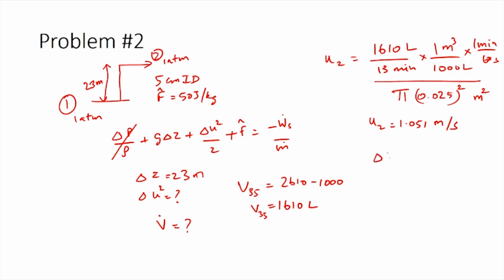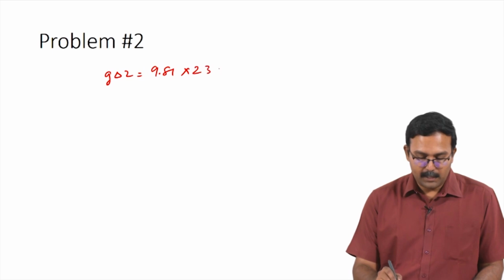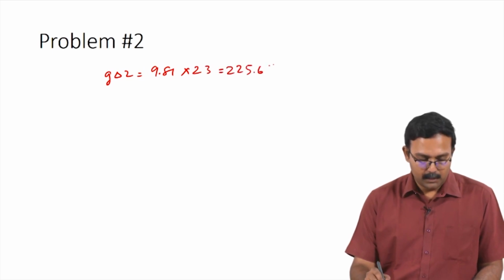So, we can calculate delta u squared by 2 as 1.051 whole squared divided by 2, which is equal to 0.552 joules per kilogram. As we already knew the value for delta z, we can calculate g delta z as g is 9.81 times delta z is 23, giving a value of 225.6 joules per kilogram.